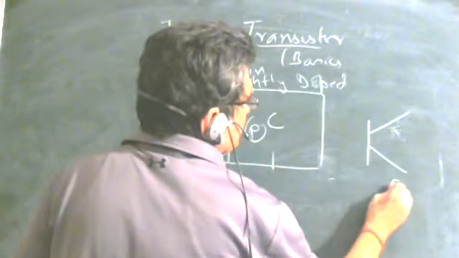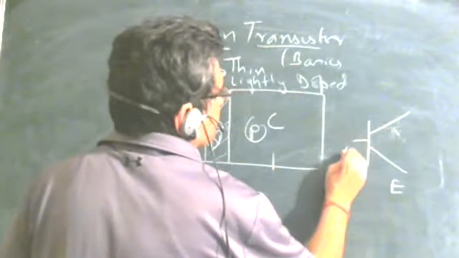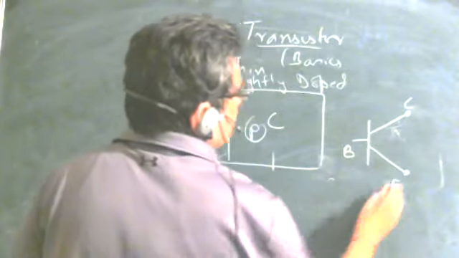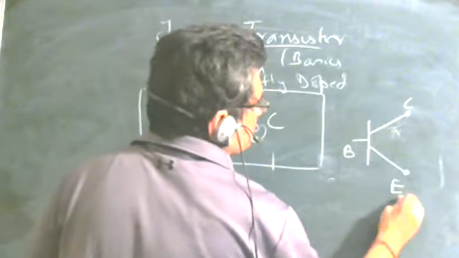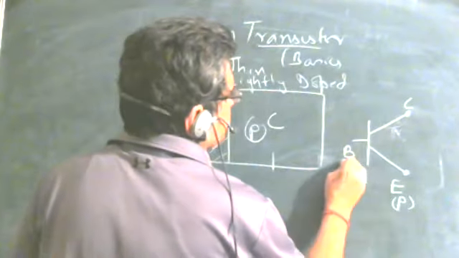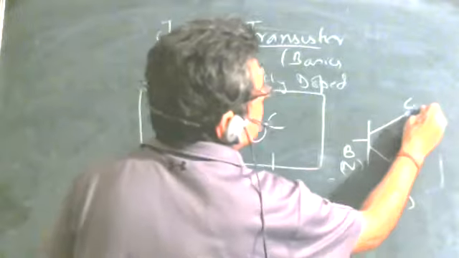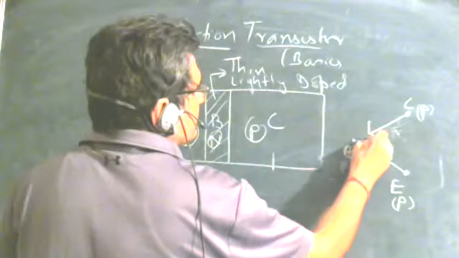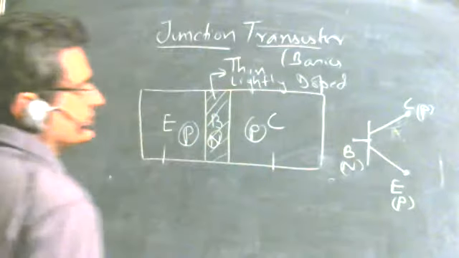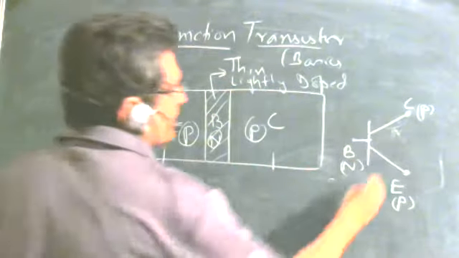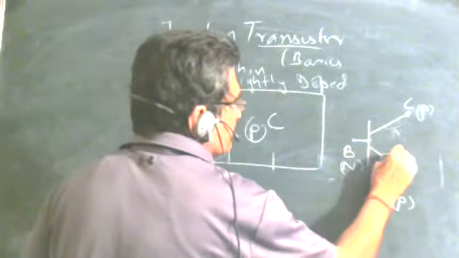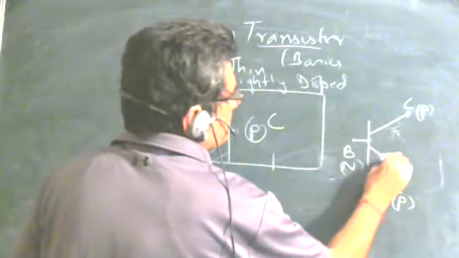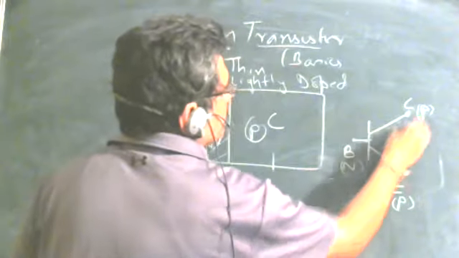This one is taken as emitter, this is base, and this is collector. If it is PNP, this is P type, this is N type, this is P type. An arrow has to be marked between base and emitter, and the arrow will always be marked from P type to N type. Remember, the arrow is marked always from P type to N type.